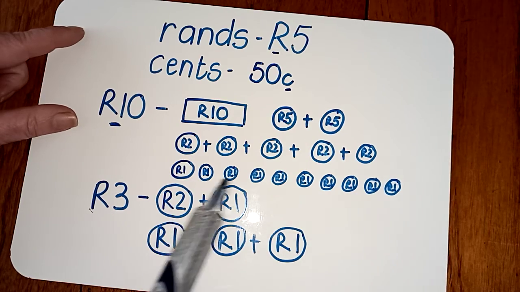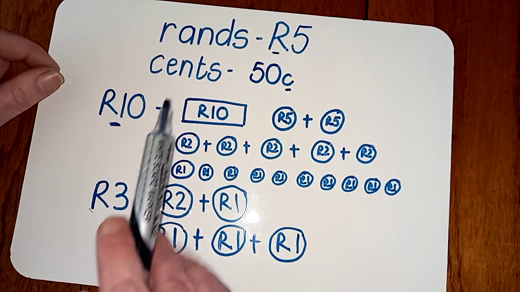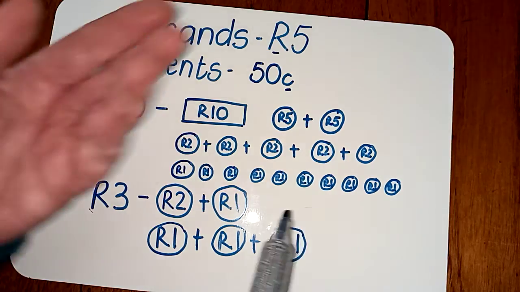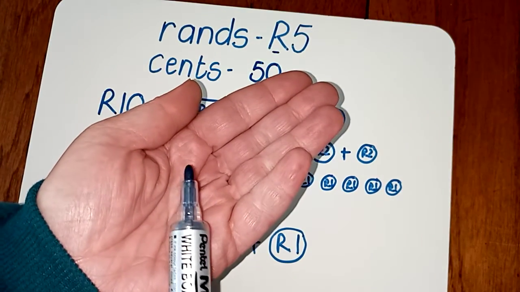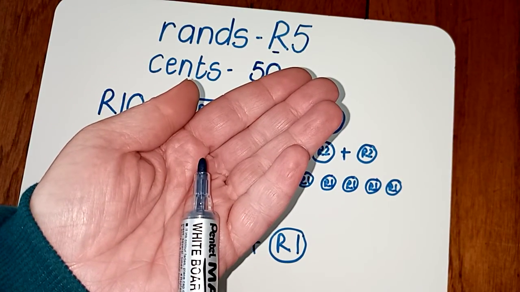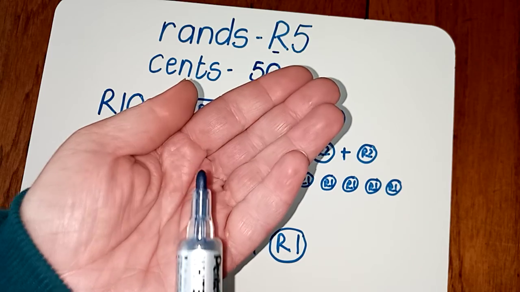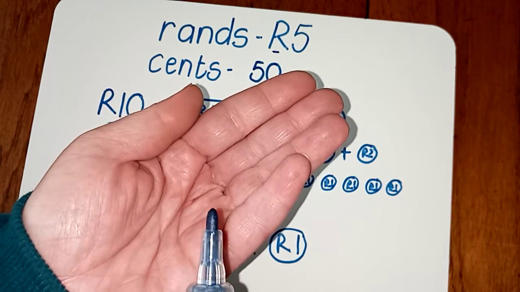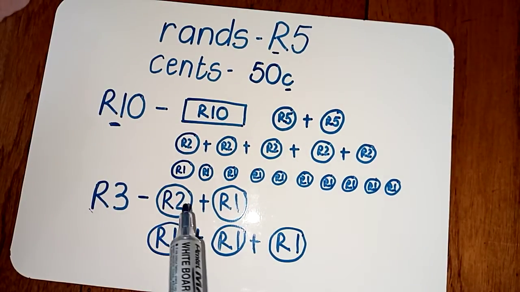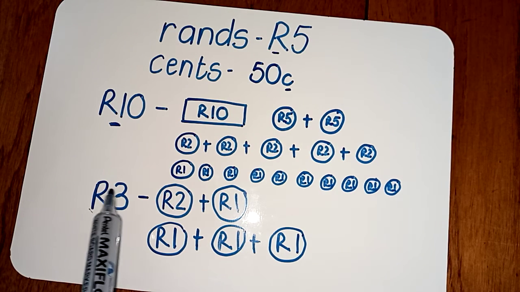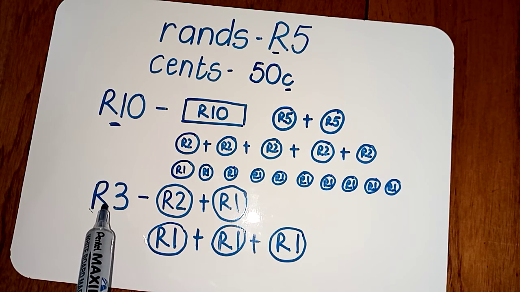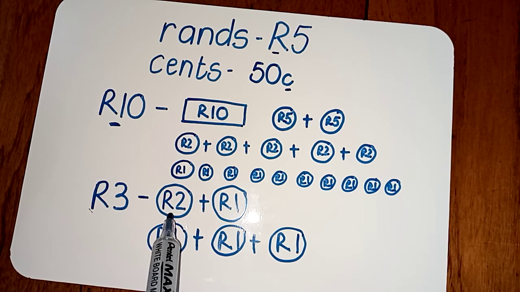So it doesn't matter which way you do it, as long as what you tell me you have in your hand is only South African money, and what coins or paper money you would use to make up that. So we couldn't use any paper money for 3 rand because there's no 1 or 2 rand note. There's only coins for that.